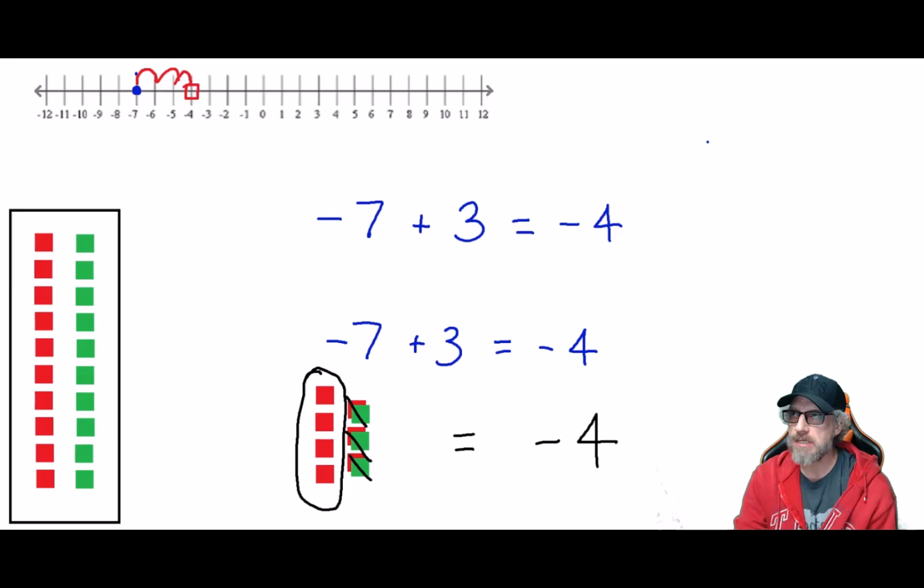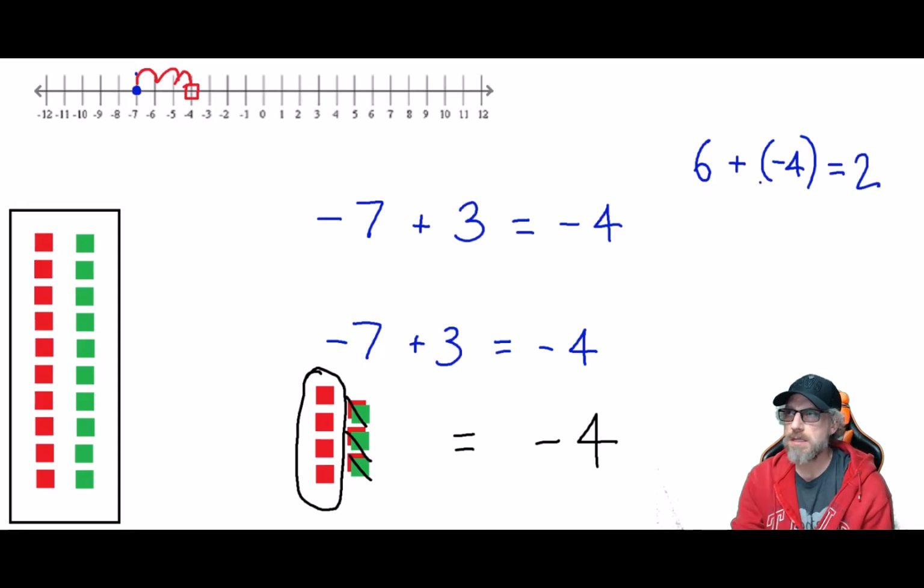Let's do a quick comparison with the previous example, which was 6 plus negative 4 equals positive 2. A quick note about the parentheses, they are used just to keep things looking clear. So we don't usually see a plus and a minus sign right next to each other. If we want to indicate 6 plus negative 4, that's a time when we would put parentheses around that negative 4.